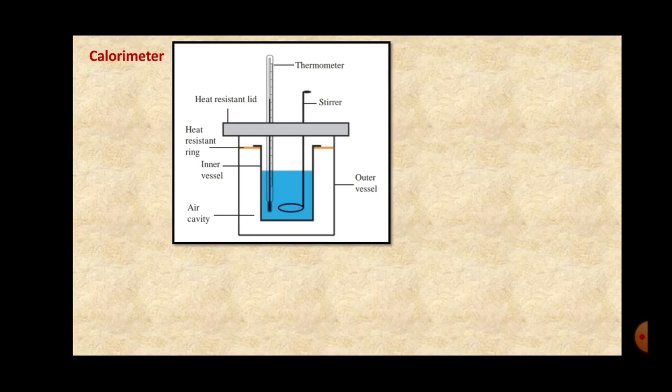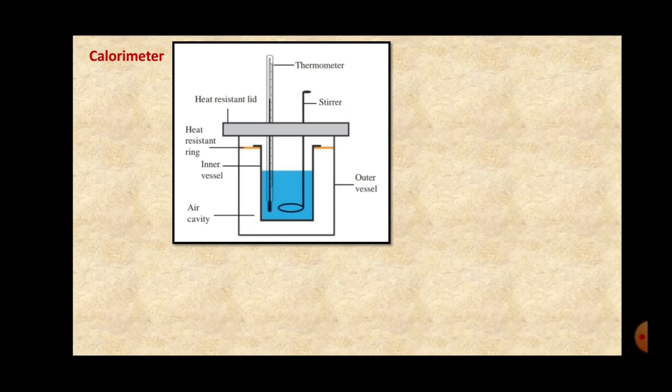Now, as you can see the structure of the calorimeter, it is almost similar to a thermos flask and it has two vessels, one inner vessel and the other one is the outer vessel. So because of these two vessels, there is no chance of heat being transferred from the inner to the outer or from the outer to the inner vessel.